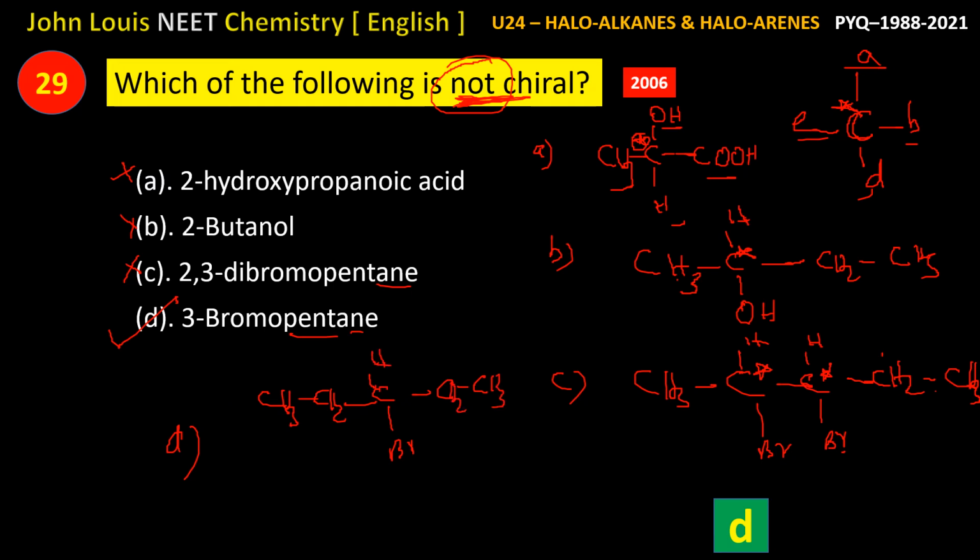You take this carbon: here it is bonded to hydrogen, here it's bonded to bromine, this side it is bonded to ethyl, and this side also it is bonded to ethyl. These 2 groups are the same, therefore this is not chiral, it is achiral. Therefore option D is the correct one. Hope things are very clear to you.